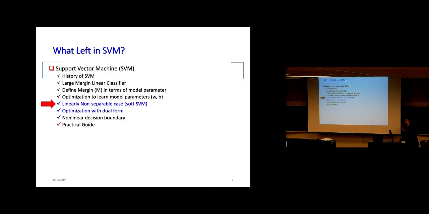But in the SVM case, we don't directly write out phi x. We write out something called the kernel, which is equivalent to phi x transpose phi z. However, we don't really need to know what phi x and phi z are.